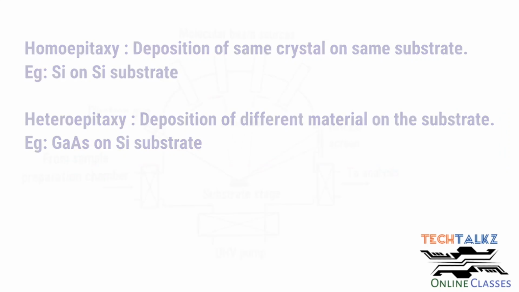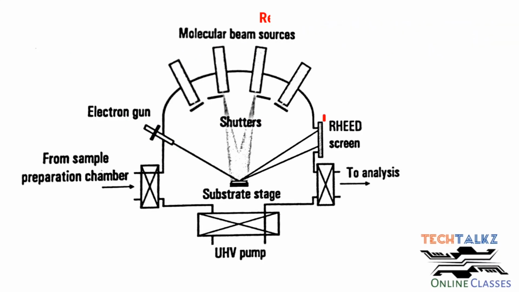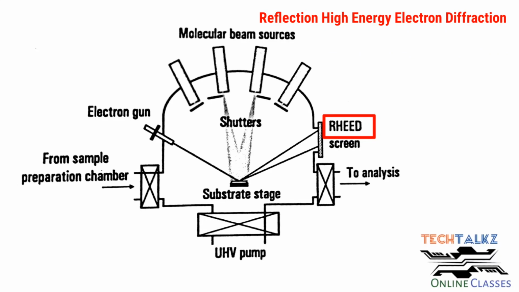Another important feature is that we can monitor the crystal growth and quality of the epitaxial layer, the deposited layer, by checking the diffraction patterns. This unit is called RHEED, R-H-E-E-D. This stands for Reflection High Energy Electron Diffraction. Here you focus an electron beam onto the substrate at a grazing angle, that is at a very small angle, with an energy of 40 kilo electron volt.